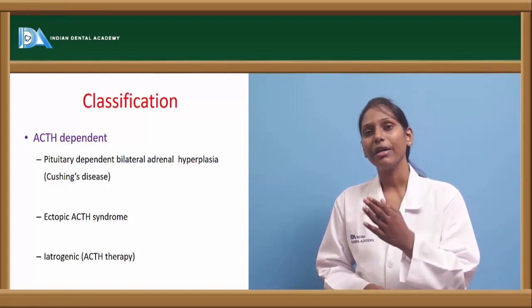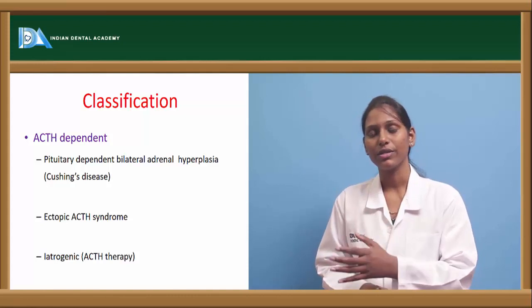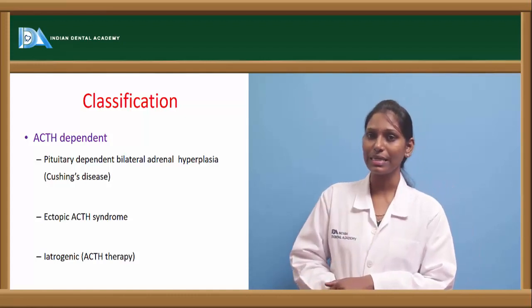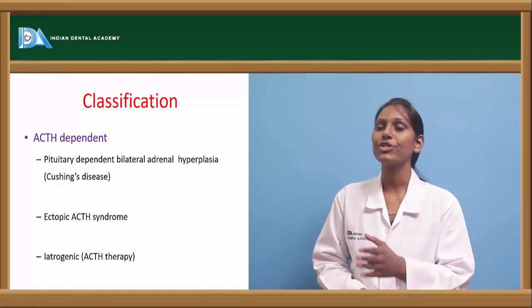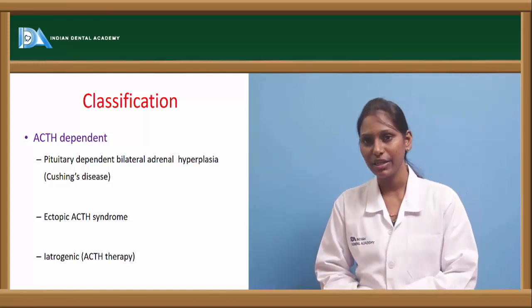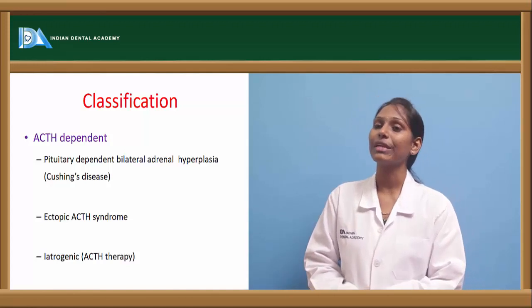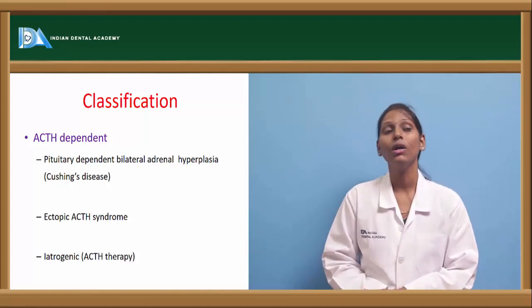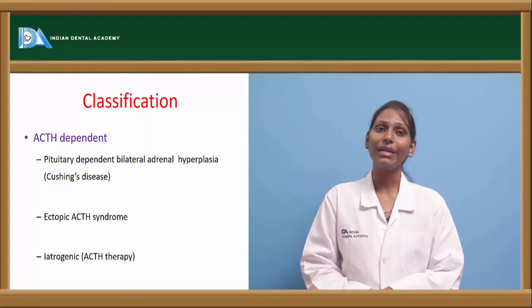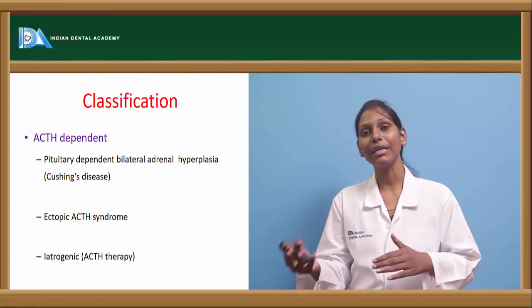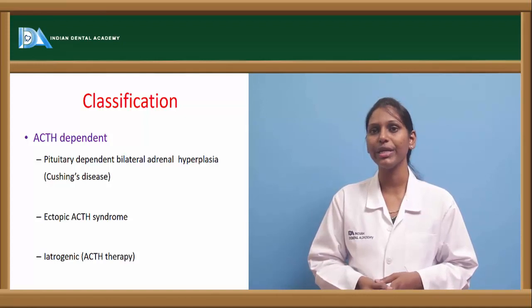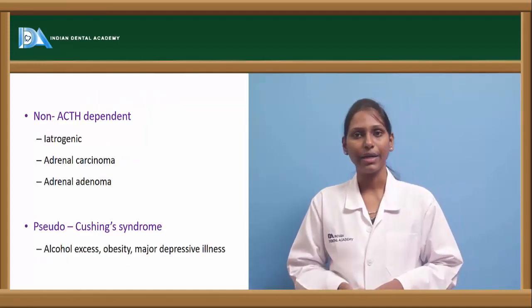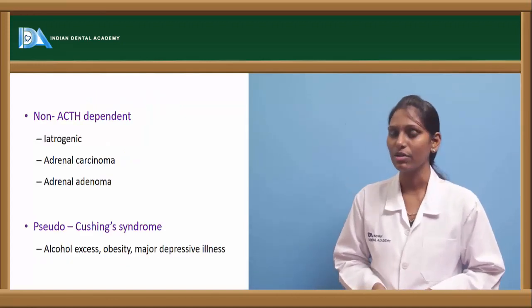If the hypercorticism, that is the Cushing syndrome, is ACTH dependent, it can be due to pituitary dependent bilateral adrenal hyperplasia, or because of any ectopic ACTH syndrome, or it can be iatrogenic also, where because of any external ACTH therapy the patient is undergoing, it can lead to hyperadrenocorticism or increased levels of cortisol.